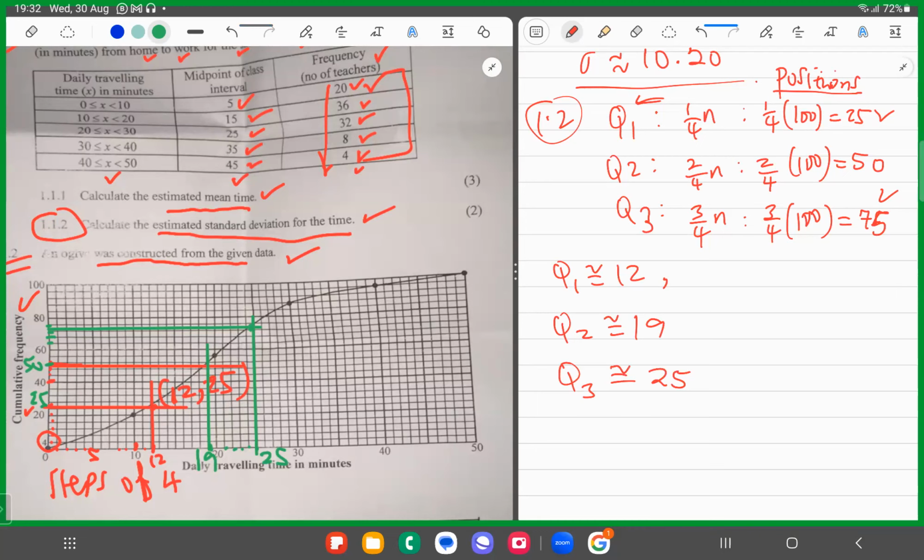But these are the times in minutes. I'm trying to get the box and whisker plots. The box and whisker plot now has the following things, because it has those characterizations. It has those quartiles, Q1, Q2, and Q3. Right, so we continue.